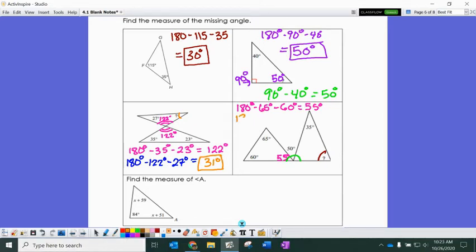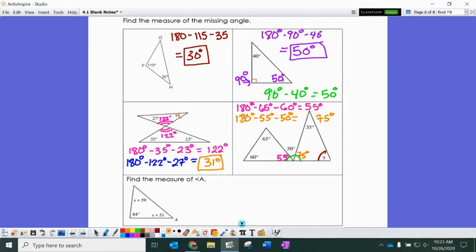So if I do 180 minus those two, minus the 55 that we just found, minus the 50 that was given as the angle in between there, that remaining angle is going to be 75 degrees. Now I'm super happy because now I have enough information to find out the answer they wanted.